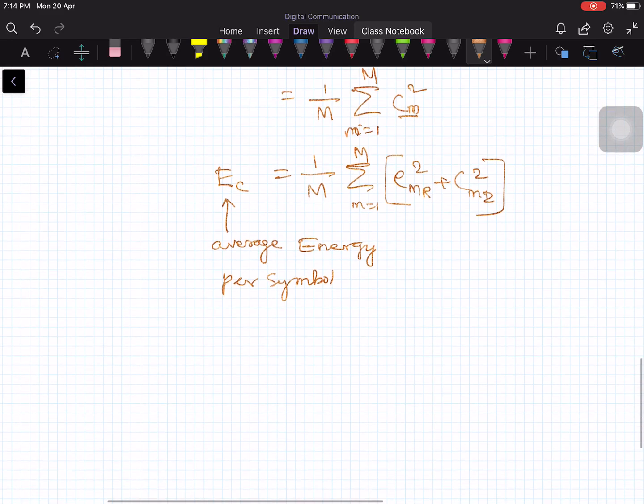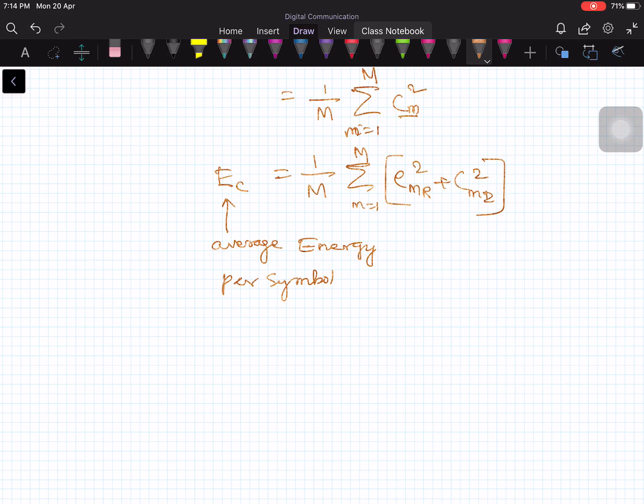So you can appreciate this energy for individual symbols will essentially depend on the amplitude of the individual symbols. Then this energy depends on the distance of the symbol from the origin. How far you are away from the origin decides the energy of the symbol.